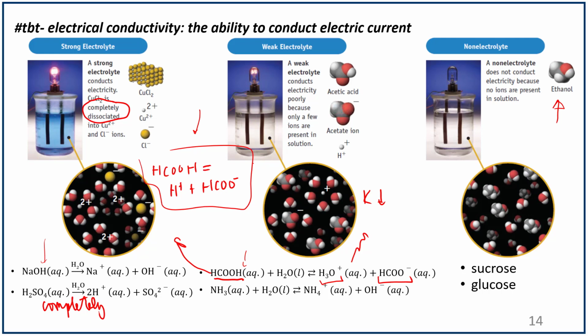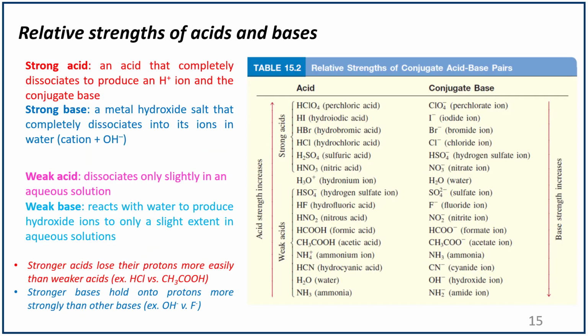That's for organic chemistry. So basically a strong acid completely dissociates. A weak acid only slightly dissociates. That means that strong acids will give up their protons more easily than weaker acids. And bases will hold on to protons more strongly than other bases. That's just what it means.